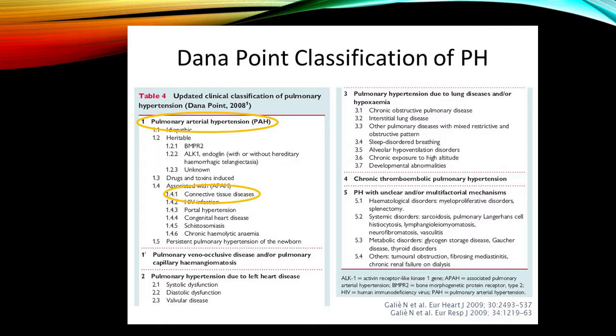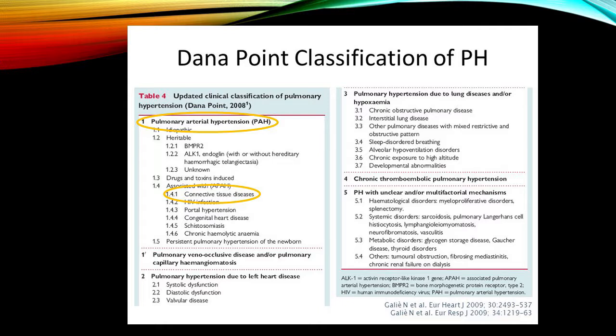This is the classic Dana Point classification of pulmonary hypertension. It's called Dana Point because that is the location where a bunch of researchers and clinicians met and developed this classification a number of years ago. You'll see that there are 5 main types of pulmonary hypertension.